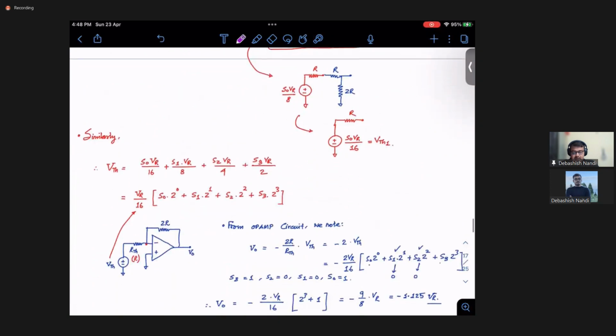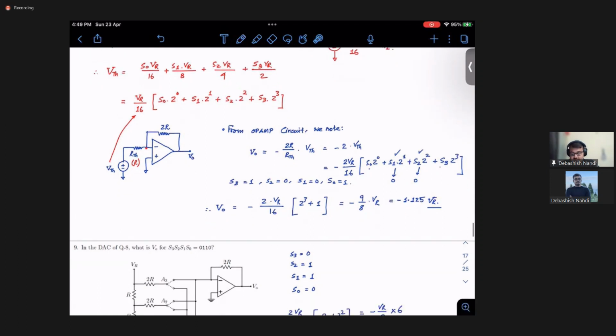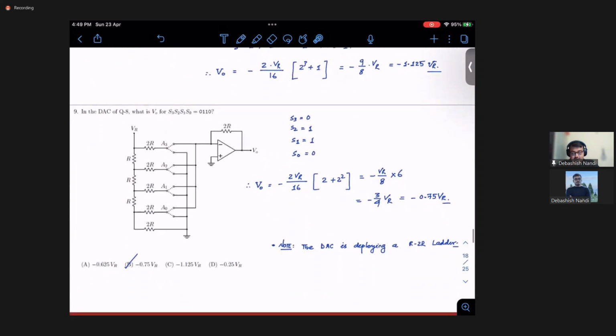So we could calculate the output voltage for any combination of digital input. Next, on the same problem, for a different combination, we found the output voltage. The key crux is that you need to understand that a DAC is nothing but an R2R ladder type.